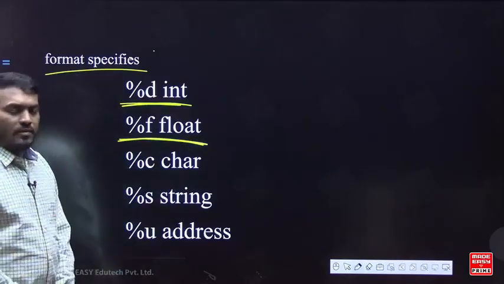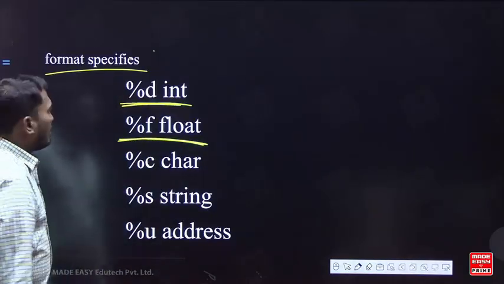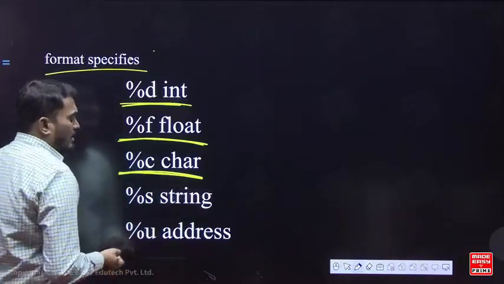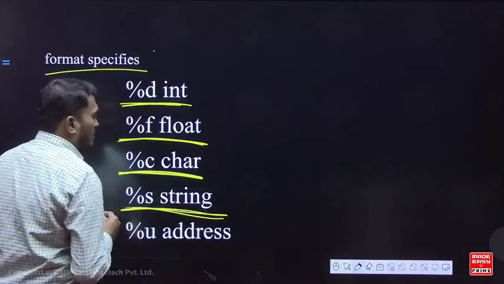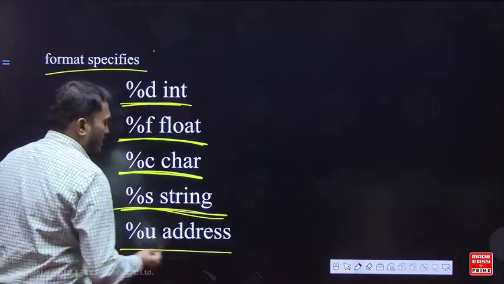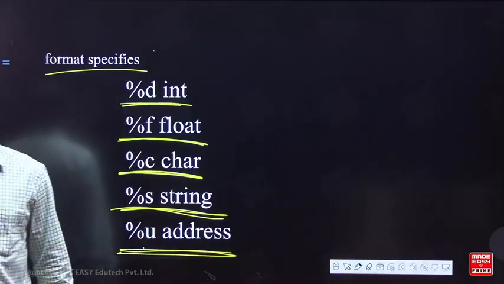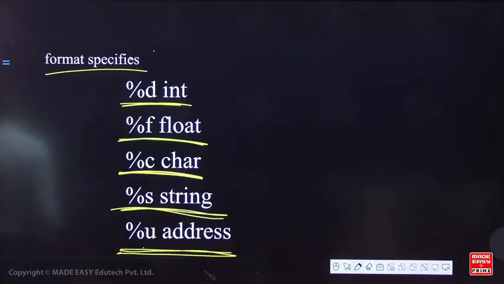If you want to print any float value, you use %f. If you want to print a character, you use %c. If you want to print any string, you use %s. If you want to print any address, you use %u. So these are the format specifiers.